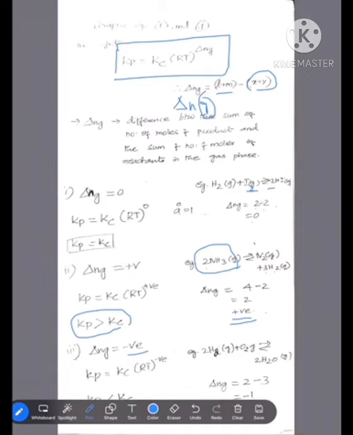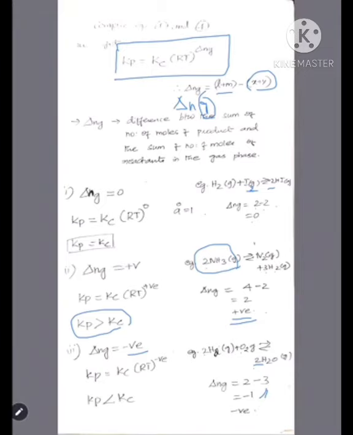Both are in the gas phase and will give you water. 2H2 plus 1 O2 will give you 2 molecules of water. When you apply the delta Ng formula, you will have 2 minus (1 plus 2), which is 3. So 2 minus 3 is equal to minus 1. The sign is negative. So for this reaction, Kc is going to be higher compared to Kp.